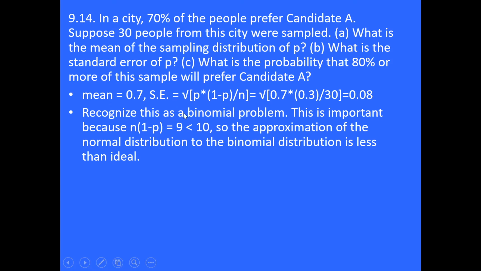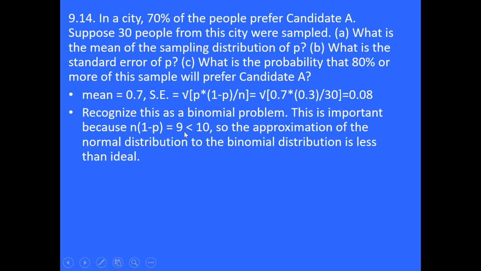Now, in this instance, you may remember we also had that rule of thumb, like when is it safe to use a normal approximation? This is one of those instances where this actually fails the rule of thumb. Because if you take n, 30, times 1 minus pi, remember two things have to be true.